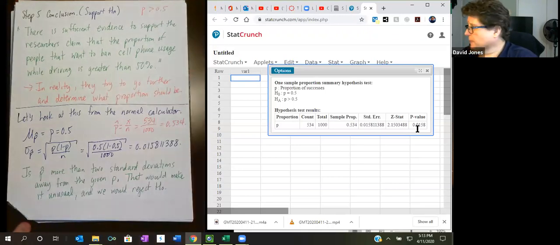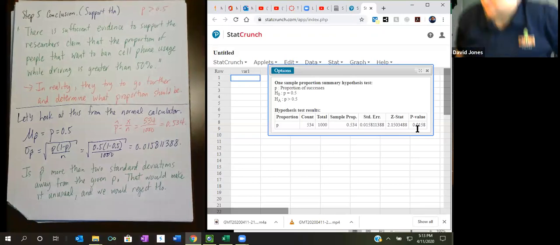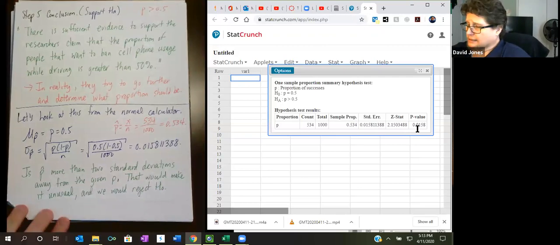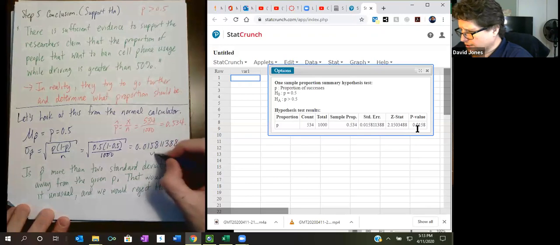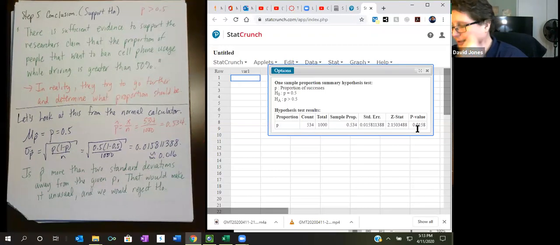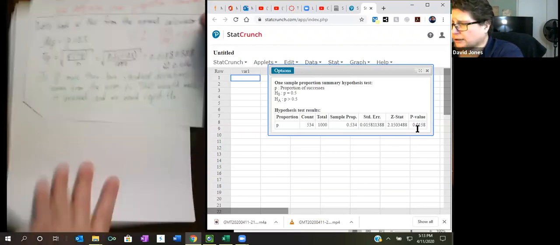Okay. Let's take a look at what that looks like on a normal bell curve. I'm going to use 0.0158 or 0.016. Let's just go to 3 decimal places.